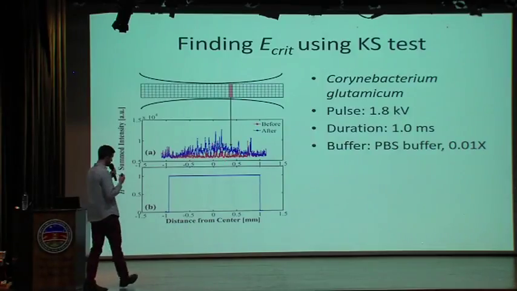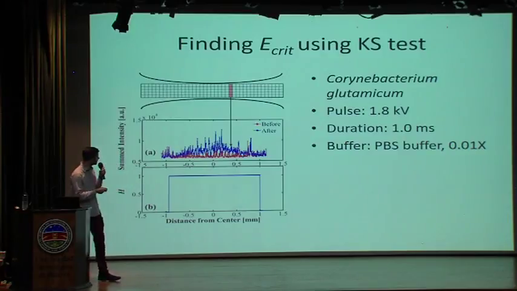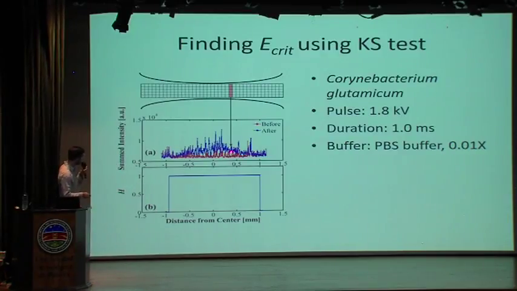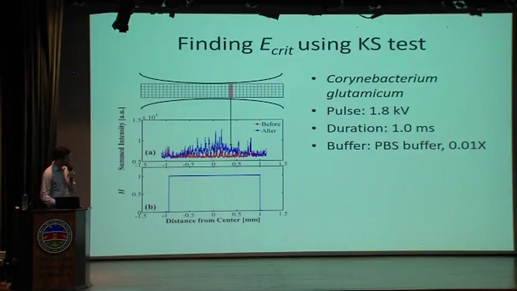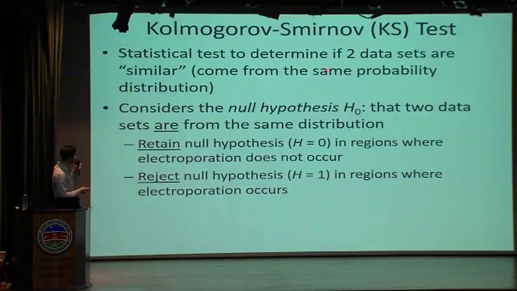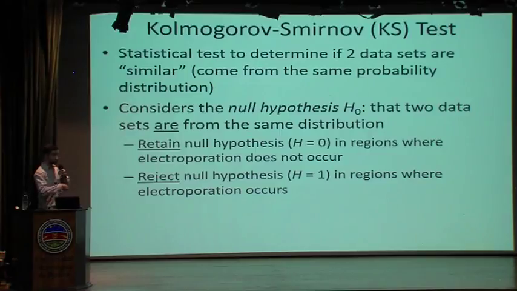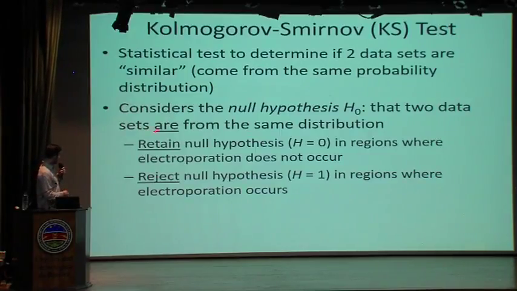So using a statistical test called the KS test, the Kolmogorov-Smirnov test, we can actually distinguish between the before and after data. Very briefly, the Kolmogorov-Smirnov test is a very well-established statistical test to determine if two data sets are similar in some sense. Essentially, we implement this test in MATLAB, and we consider this null hypothesis.